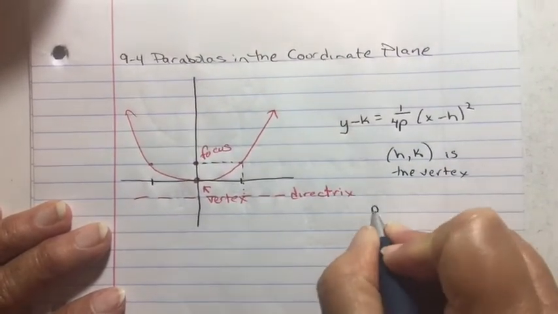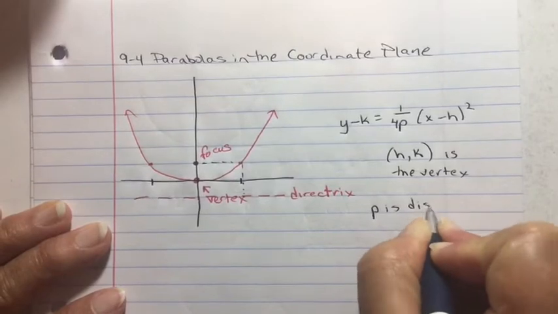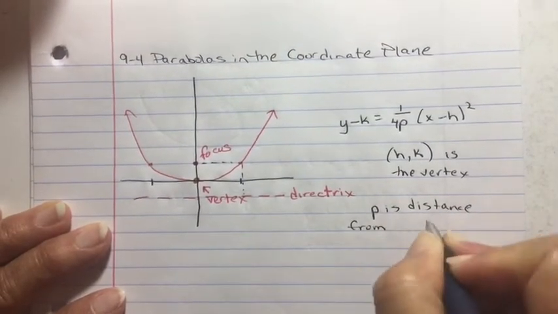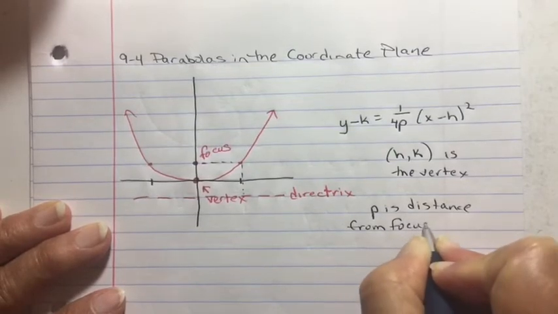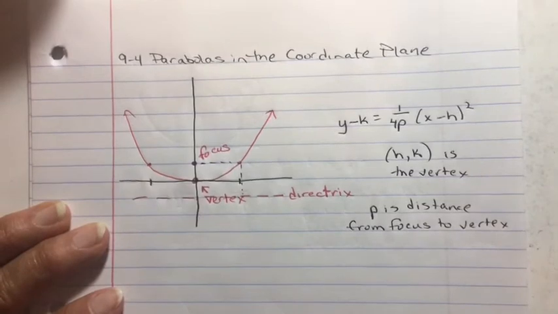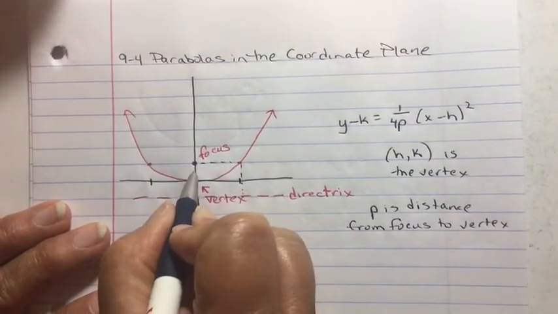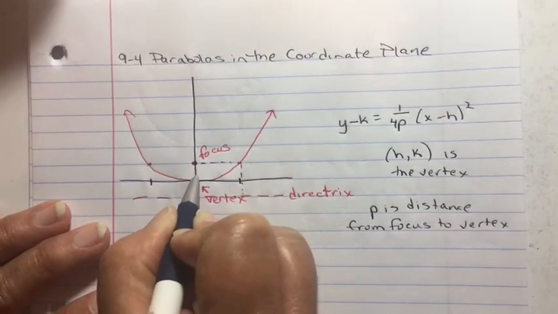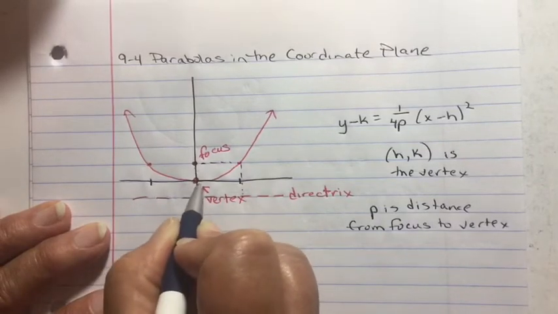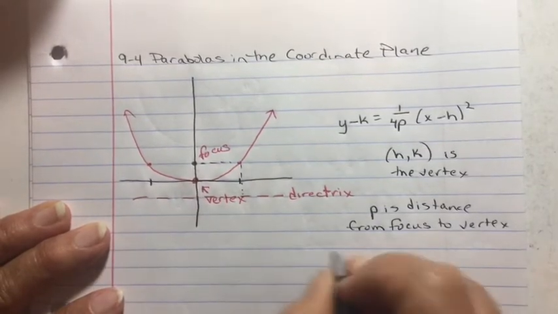And the p is the distance from the focus to the vertex. This distance right here. Now, since the focus is the same distance away as the directrix, it's also equal to this.